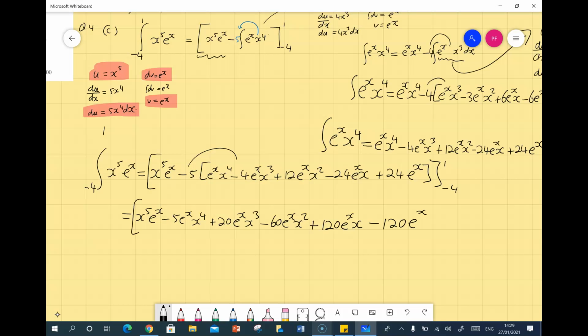And now I have to plug in my 1 and my minus 4. What a nightmare. Okay, I'm going to do that piece by piece.